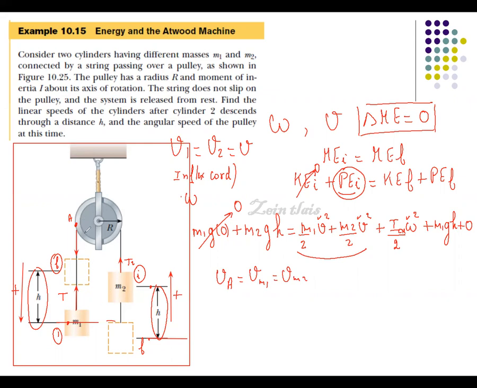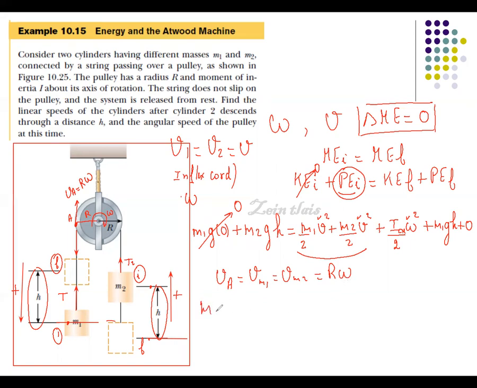Because if we have a rotation, as you see here, the velocity VA equals R times omega. Here we have R, and here we have omega. So we can substitute the value of V1 and V2 by R omega.